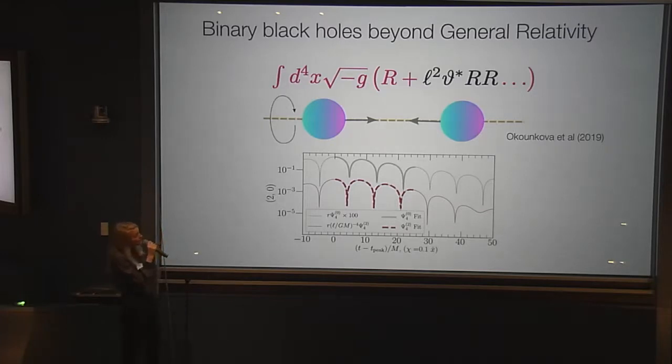And so in this case, configurations where you have two black holes and they slam into each other like that are nice because they allow you to probe the ring down spectrum of the final black hole. They allow you to probe the quasi-normal mode spectrum of the remnant black hole. And so what we did is we provided values for what the beyond GR modifications to these quasi-normal modes look like.